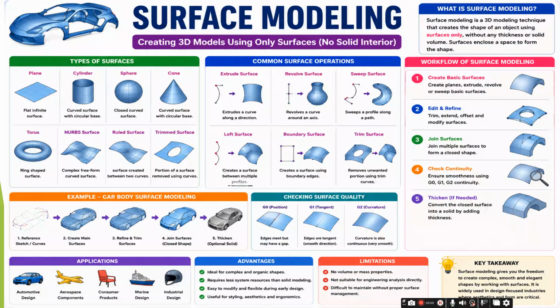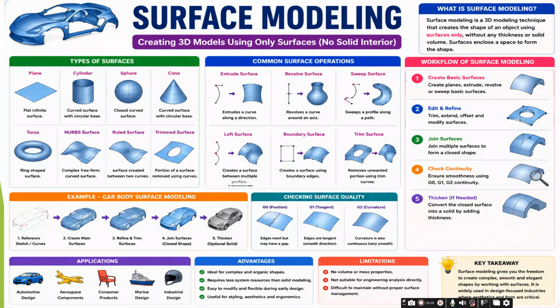A surface encloses a space to form the shape. Types of surfaces: plane surface, cylindrical, sphere, cone, torus, NURBS surface, ruled surface, and trimmed surface. Common surface operations are extruded surface, revolved surface, sweep surface, loft surface, boundary surface, and trim surface.